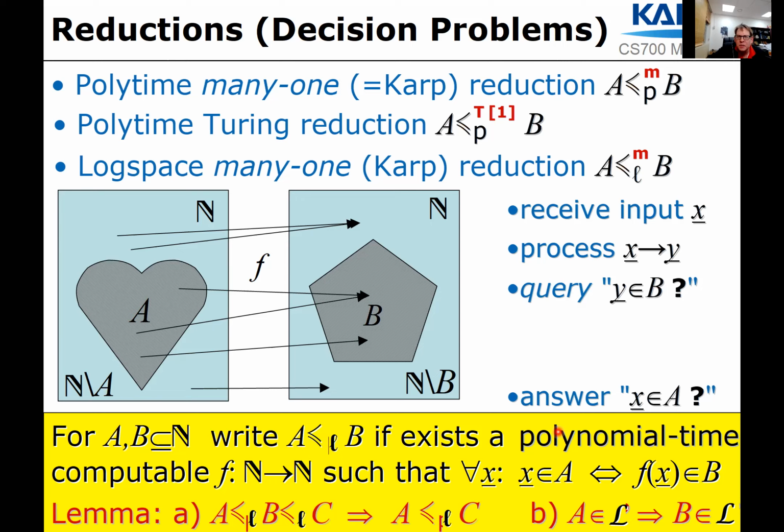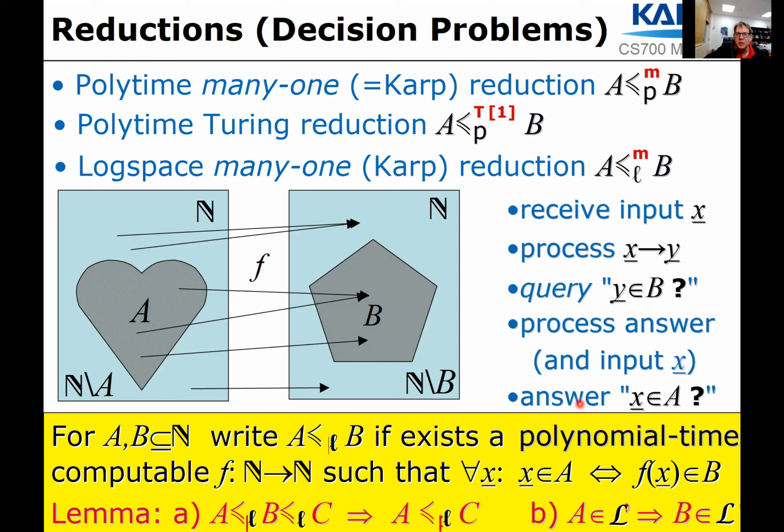In Turing reduction, the algorithm similarly retrieves the input, but now it can query the transformed instance and gets a chance to fill this white space: to use and transform the answer to that query, not just pass it on directly as the answer to the original question, but make some additional computations before presenting the answer.